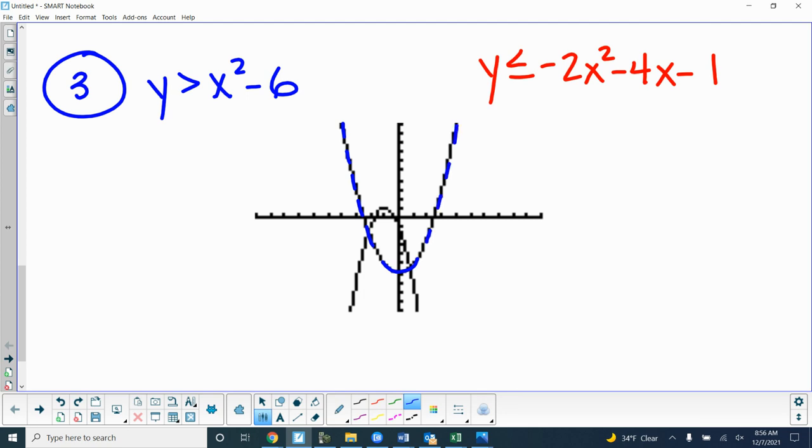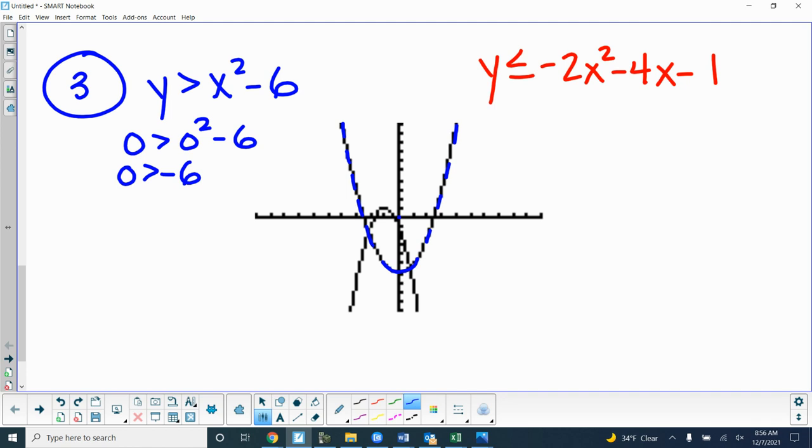Okay? Now, let's just do a test point. Is 0, 0 a good test point for this one? Is 0, 0 on the parabola? No. So any point that's not on the parabola is a good test point. So I put 0 in for y and 0 in for x. I get 0 is greater than negative 6. Is that true or false?